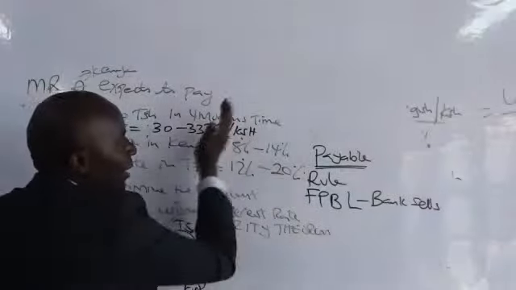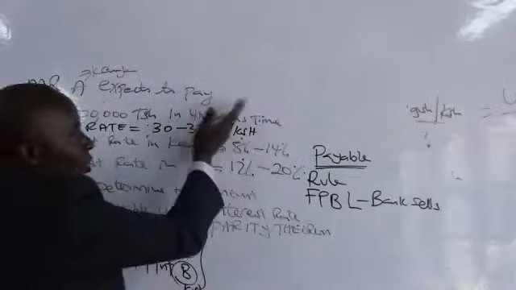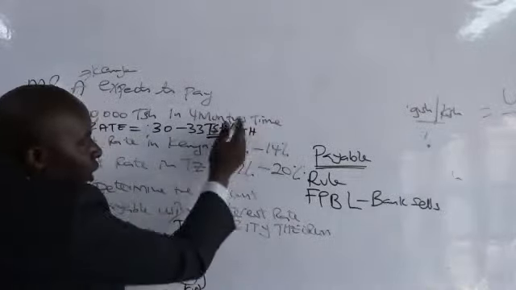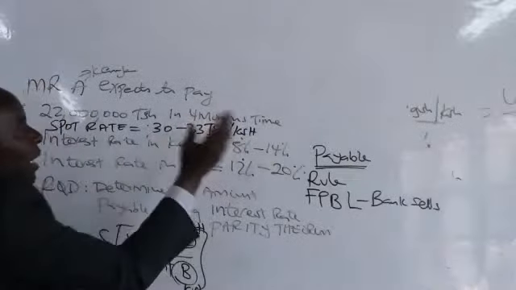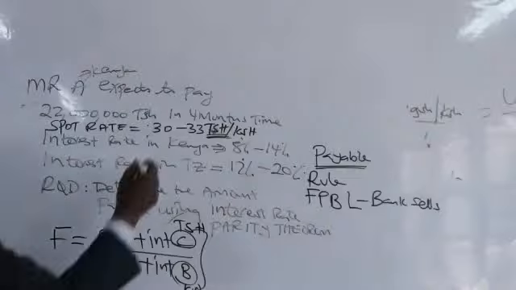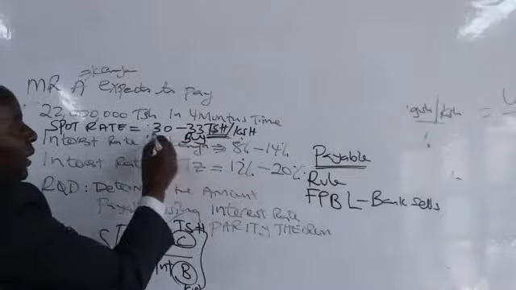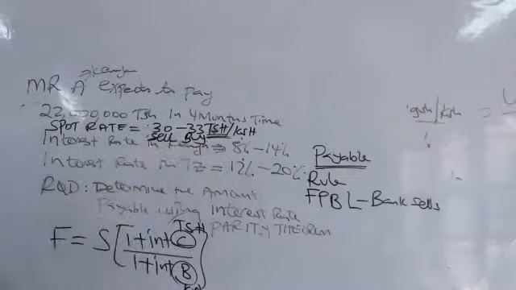The home currency is on the right hand side. The Kenya shilling is on the right hand side. If it is on the right hand side, then the right hand side figure becomes buy. And this becomes sell.